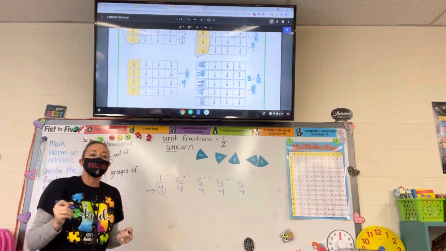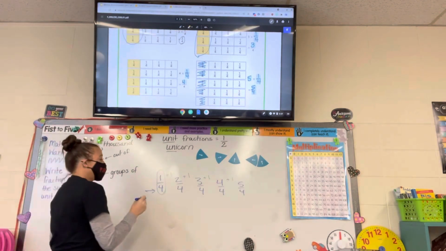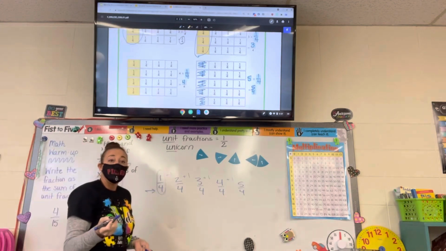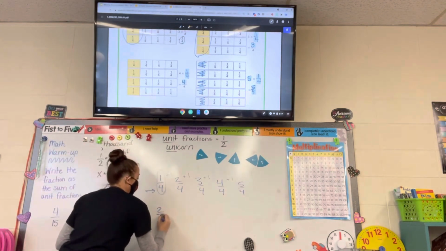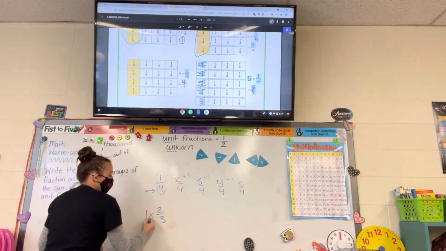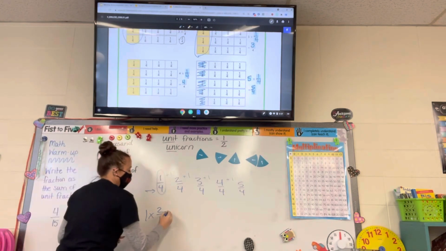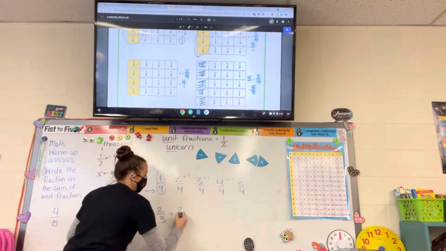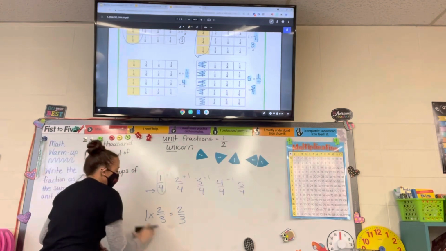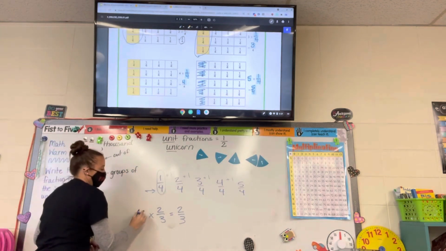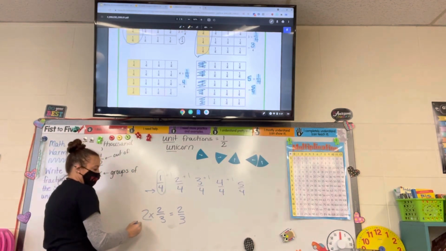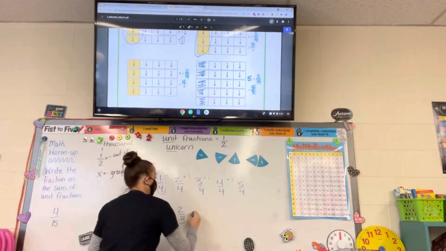When we do this, Reese, when we do multiples of another fraction, like 2/3, 1 times 2/3, 2/3 is 2/3, right? What if I do 2 times 2/3? What would that equal? 4/3, right?